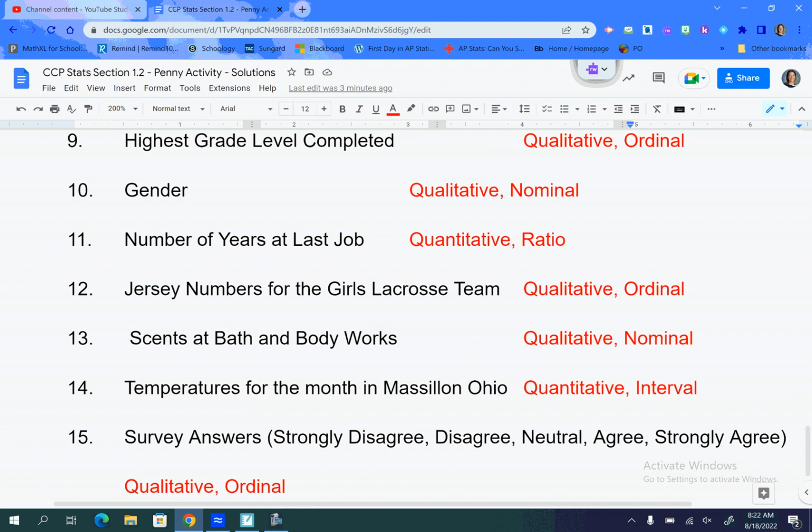Scents at Bath and Body Works. Qualitative, nominal, just a label. Temperatures. As soon as it says temperature, it's automatically interval. It's something we can measure. 0 position on the scale is not an inherent 0. And then number 15, if we have somebody answer a survey question where they can range from strongly disagree to strongly agree, they've got 5 different categories there. It's categories, so it's qualitative, but those answers can be ordered, so ordinal. Okay?